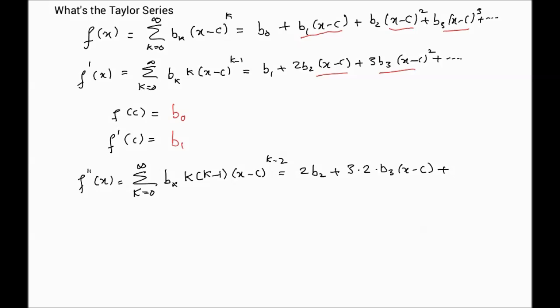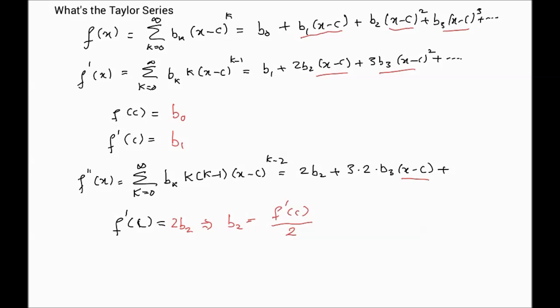So it means that f double dash of c is going to be what? Well, this term and all terms onwards will be 0. So we'll be left with 2b2. But that implies that b2 in fact is f double dash of c divided by 2. Okay, so that's useful. Let's keep that there.